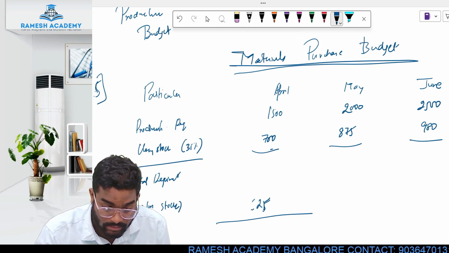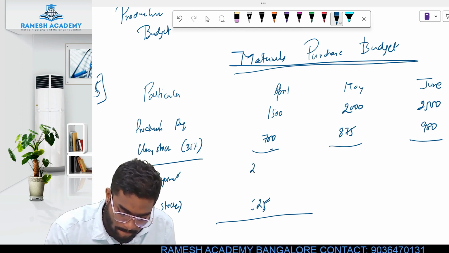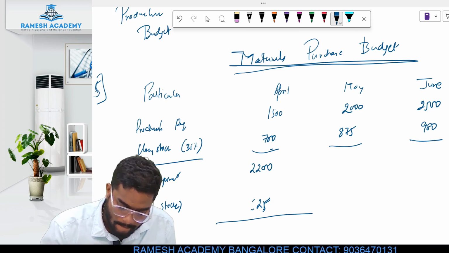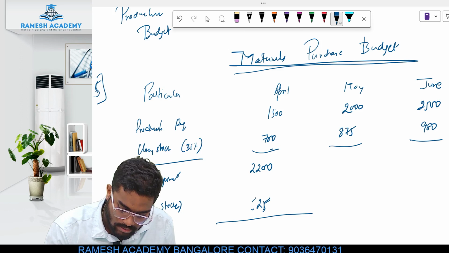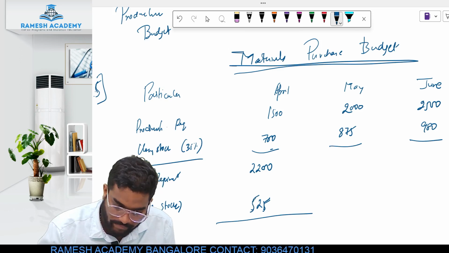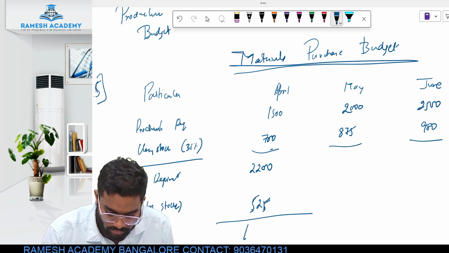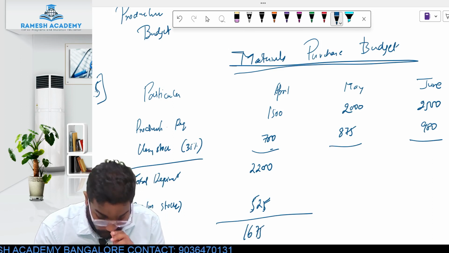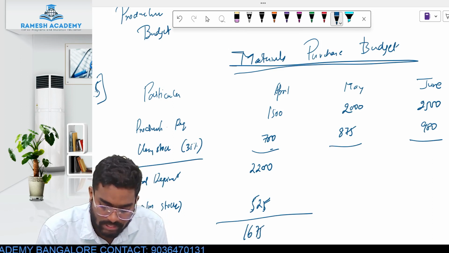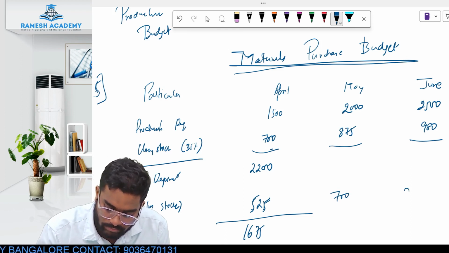1500 plus 700, 2200, minus 525, it is 1675. Here opening stock, here closing stock means here it is opening.